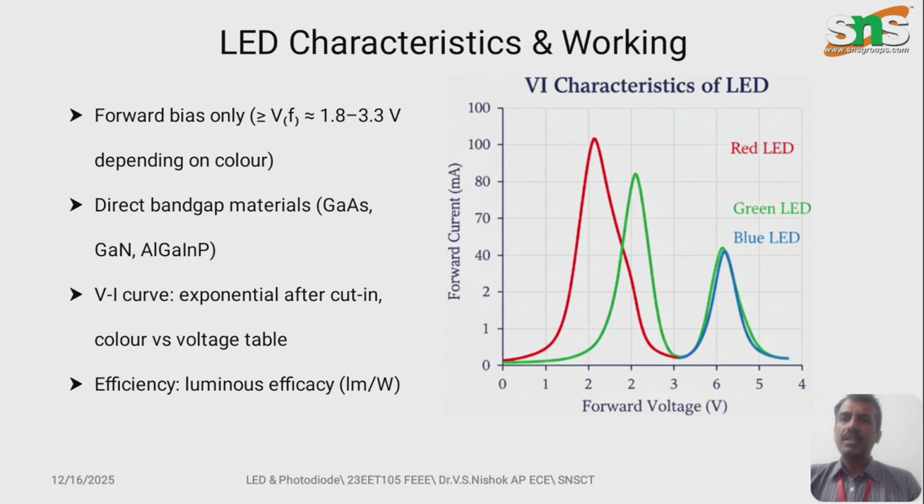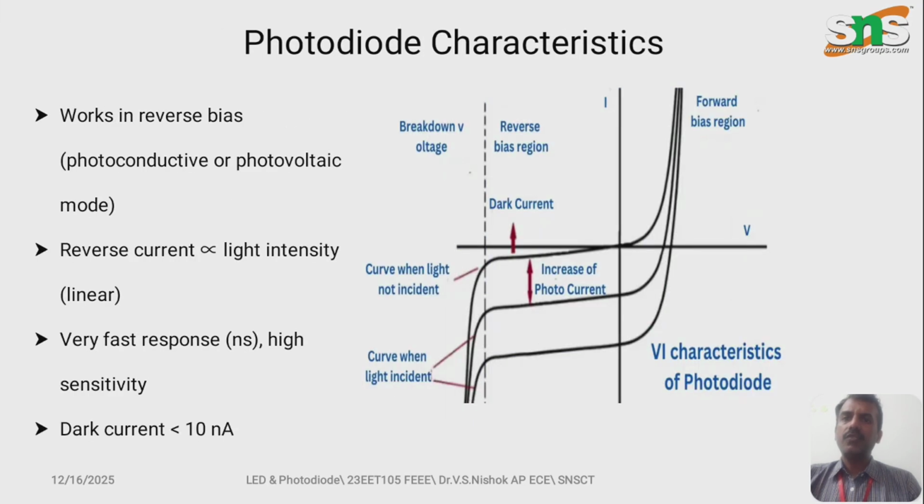The materials along with silicon, like gallium arsenide, gallium nitride, etc., are the materials mainly used for this LED fabrication. And coming to the VI characteristics, after the knee voltage, the current will linearly increase along with the external voltage.